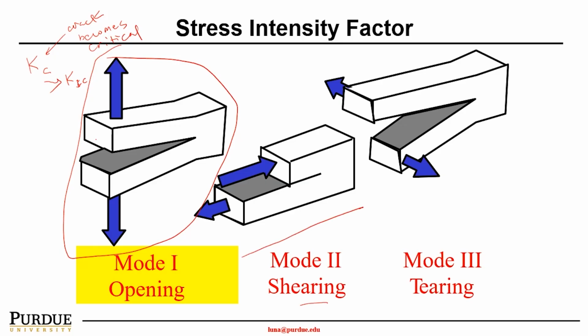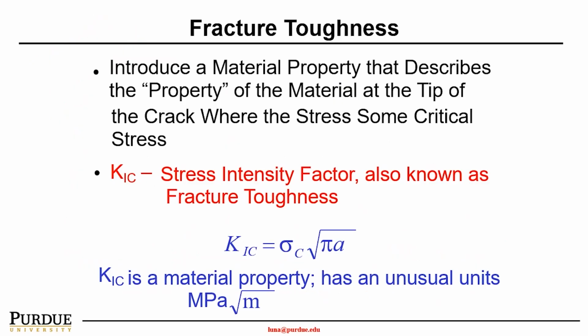And then you have tearing, which is mode 3. In this class, we will only focus on K1C, which is the most common opening case for many materials and structures.